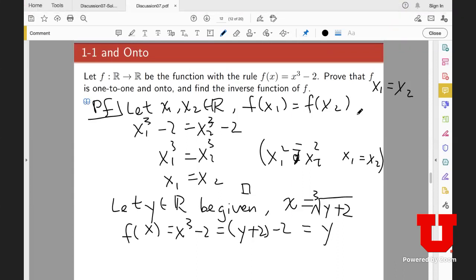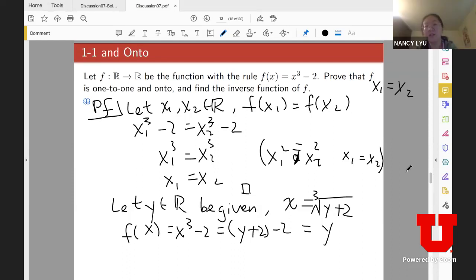Sorry, I have one quick question. For the second part, when you say how to prove it's onto, does it mean that we have to show that for every element in the codomain we can find one in the domain? The onto actually means that every element in the codomain can match to an element in the domain. Yes.